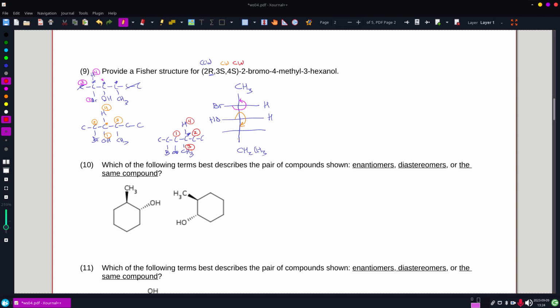So going clockwise, if the bottom is 2 and the top is 1, we want that to be our third position, giving us a CH3 with an H over here. Clockwise, clockwise, counterclockwise. Alright, and that gets us our structure.